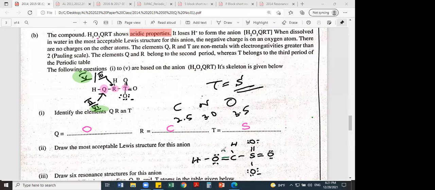Why? Can you tell me why? If you put a double bond, what is the problem now? Oxygen, there's a problem. What is the problem with oxygen? Oxygen carries a plus charge. That is unstable. Then you can't put 2 lone pairs on oxygen. Oxygen forms now 3 bonds, and with a lone pair and a plus charge you have to put.